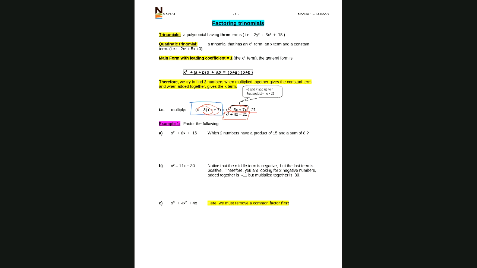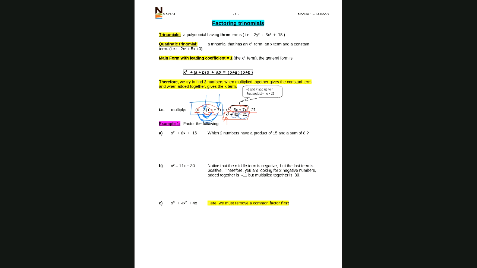Well, notice the pattern that the leading term is x times x because this first term is x squared. Now the last two terms in the brackets multiply to negative 21. But if we add the products of negative 3 times x and 7 times x, that gives us the middle term, positive 4.